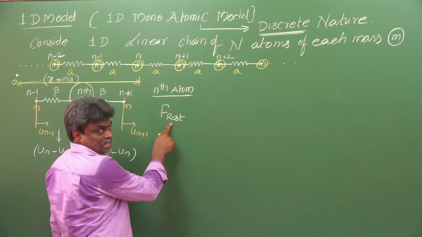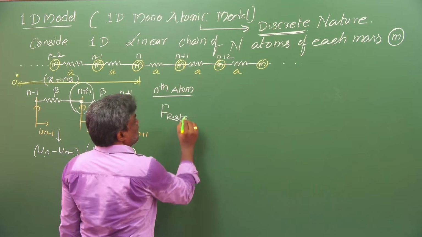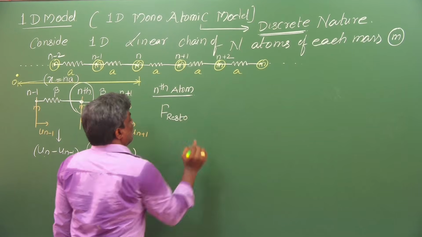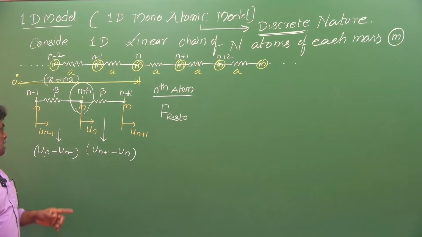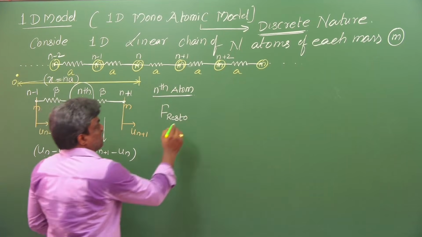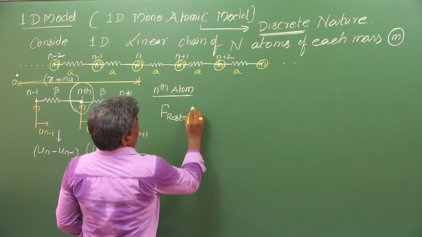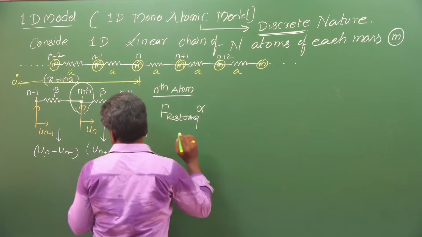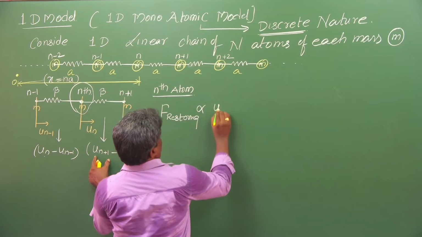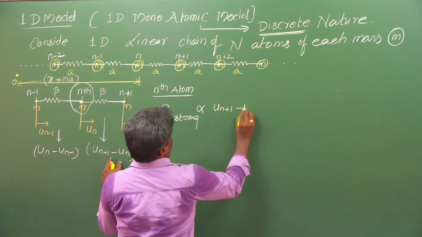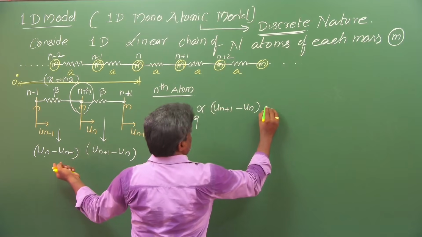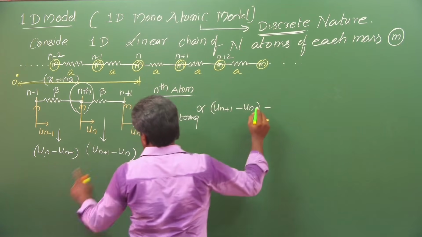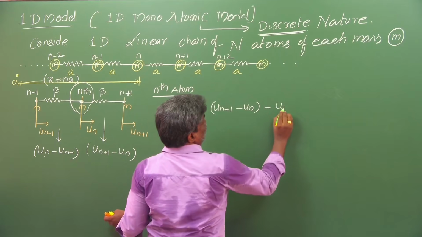But here I am writing it without, otherwise there will be some sign difference. Otherwise some teachers will explain like this. The restoring force F is directly proportional to the net displacement: u_n plus 1 minus u_n, minus, plus the difference u_n.